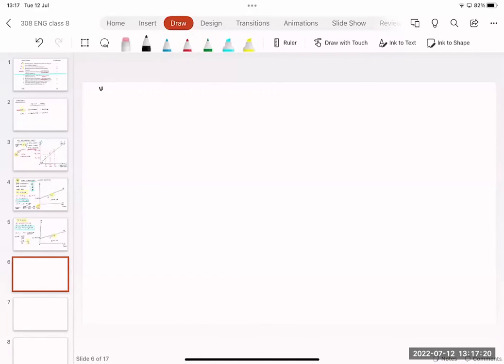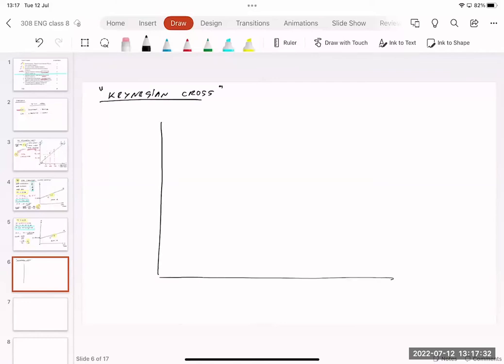Right now, I'm going to construct the full Keynesian cross model. I'm going to write out the graph here. On the vertical is TE, on the horizontal is Y as total output and total income.